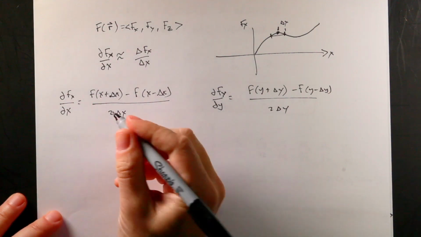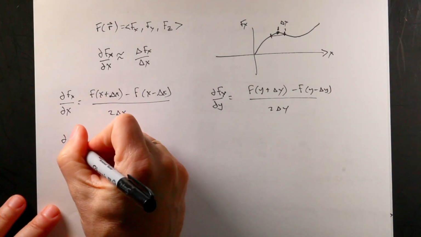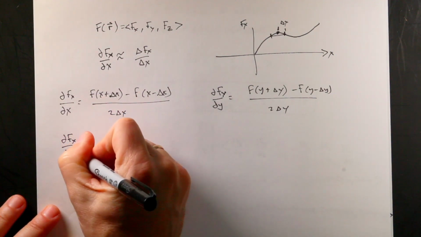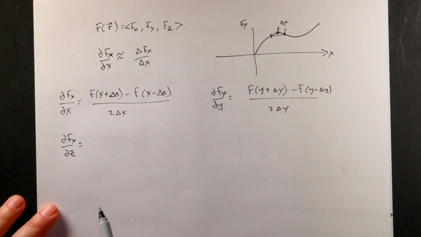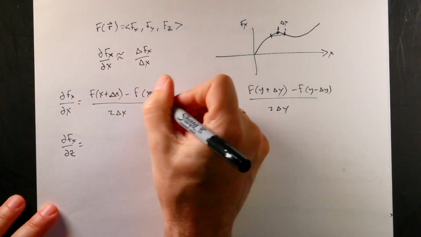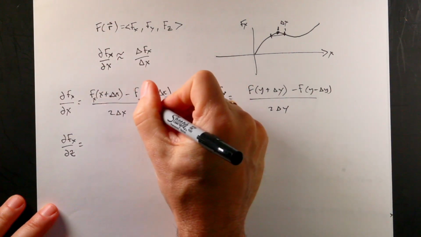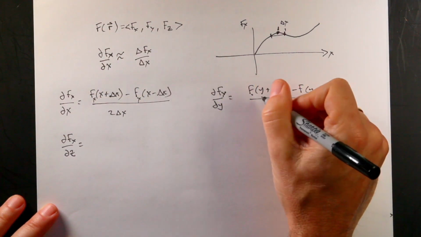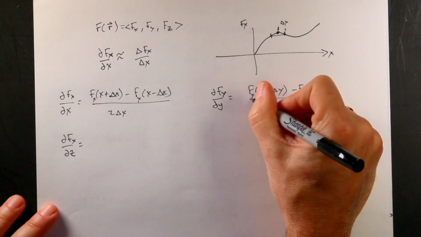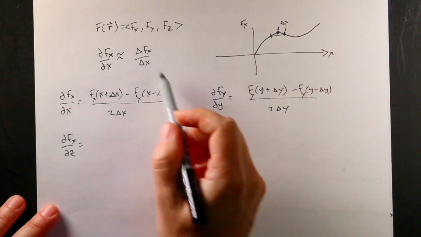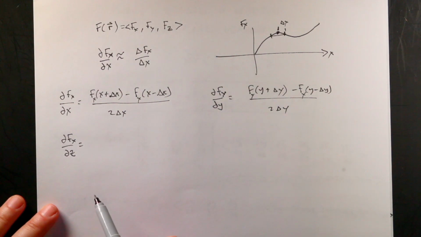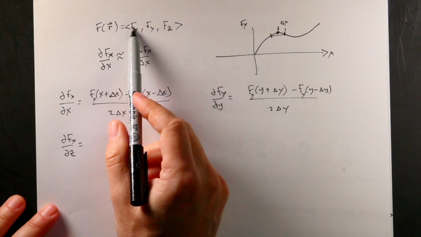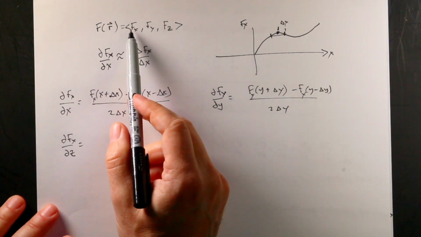Okay, but what if I want to do something in the cross product like the partial of fx with respect to z? How would I do that? Well, I need my fx function, right? And this is fx, and this is fy, right? Because that would be this function right there. Well, now I just do the same thing, but I use this function, and I see how it changes with the z component.